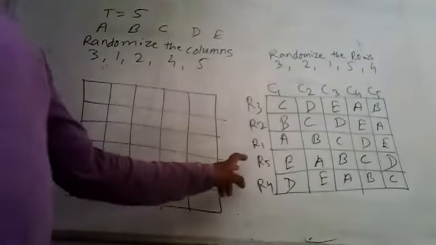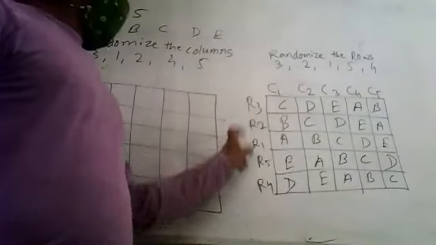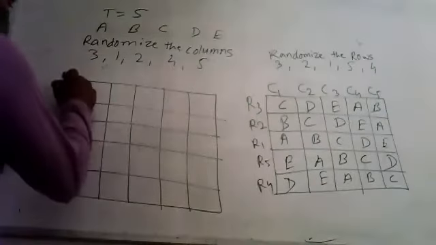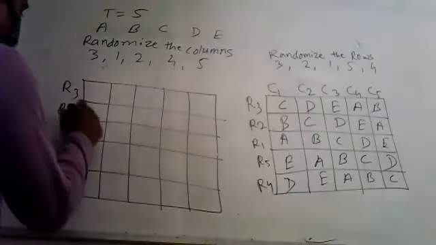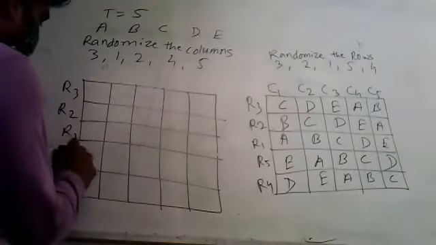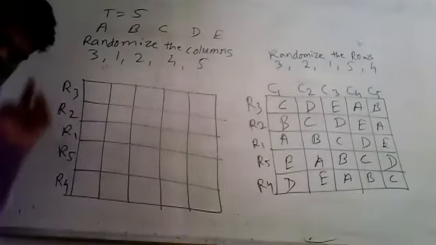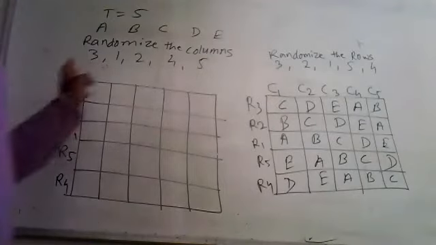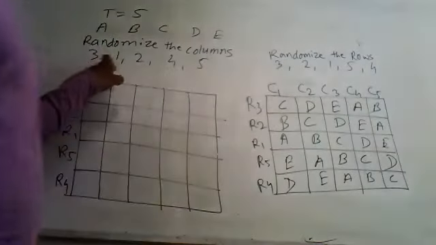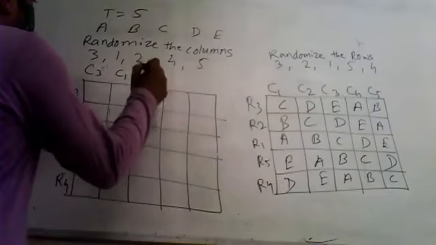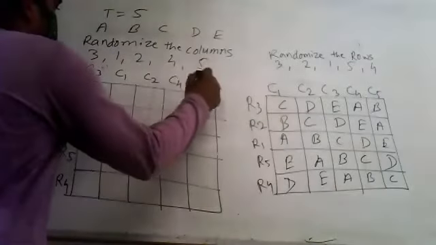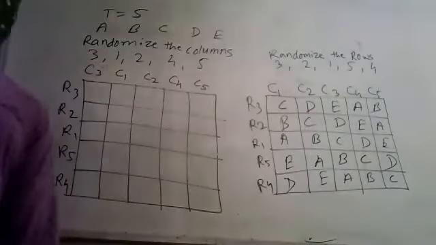We have already randomized the rows, so the sequence will be R3, R2, R1, R5, R4. Now we have to randomize the columns 3, 1, 2, 4, 5. So it is C3, C1, C2, C4, and C5.